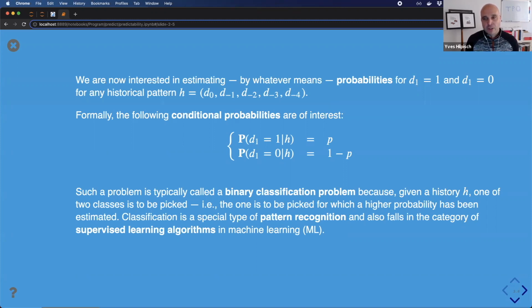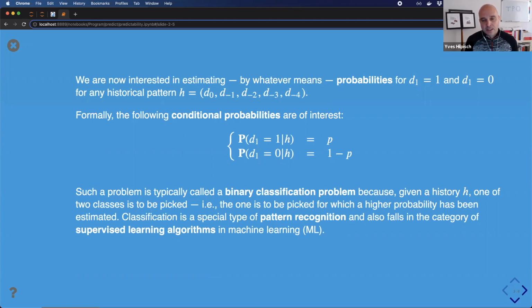Because in general, we are not in the business of saying I'm 100% certain that this will happen, right? It's more like, I think there's a 55% chance that the market goes up and a 45% chance that the market goes down. So we are mostly interested in conditional probabilities, given a history, that the market moves up or down, right?